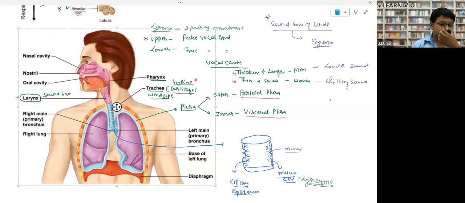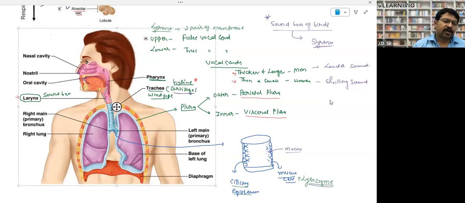Inside this nose chamber, there is a nasal cavity, and this is the oral cavity. It is suggested to take air from the nose because the nose is given to us by nature for taking in air. Some people take air from the mouth as well.